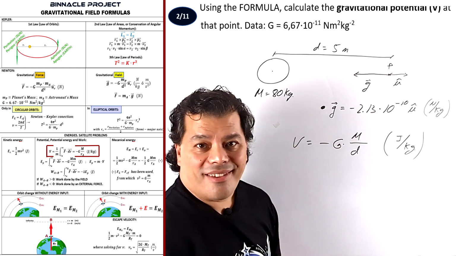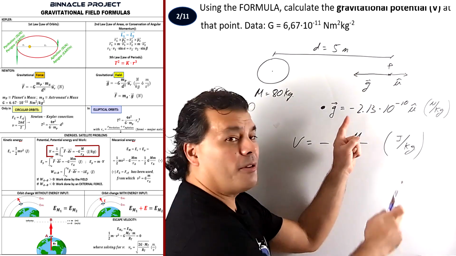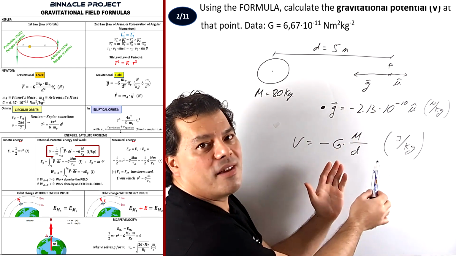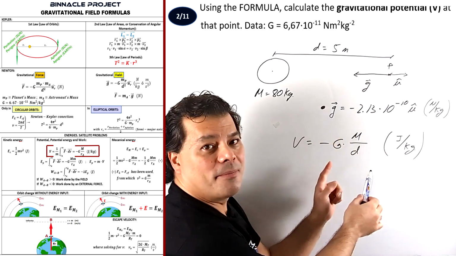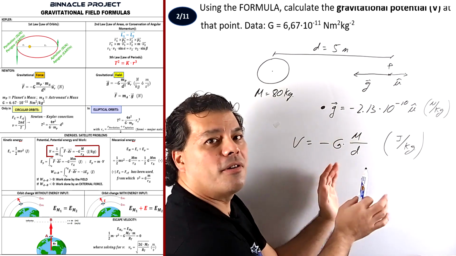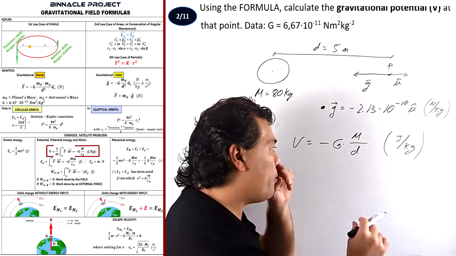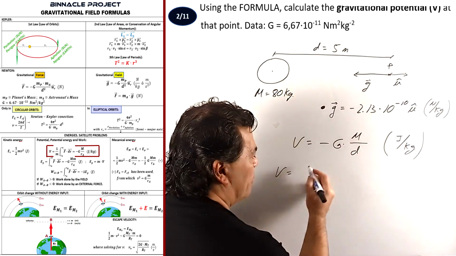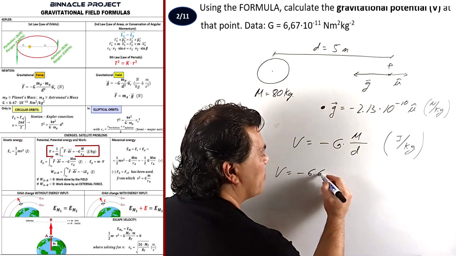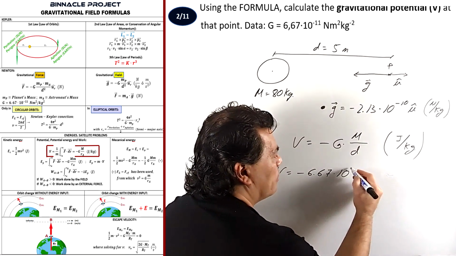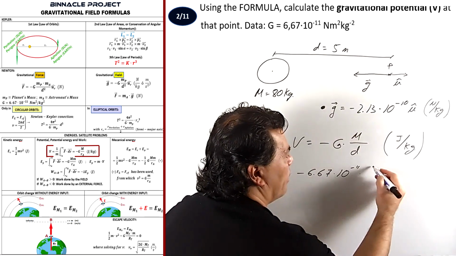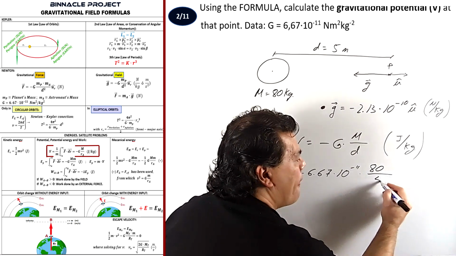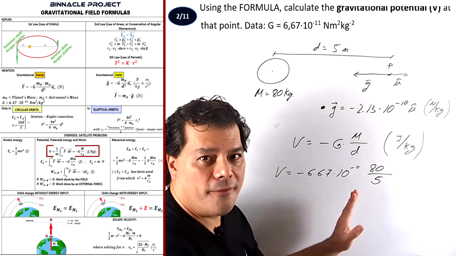And the good news is that this magnitude is not a vector, so we won't have to deal with vector-related issues. This is a scalar, so let's calculate it and I'm going to explain what it means. We are introducing negative 6.67 times 10 to the negative 11, multiplying 80, and divided only by 5, not 5 squared, only 5.